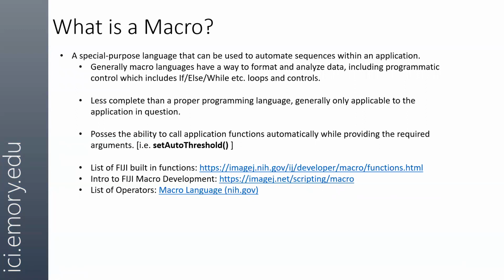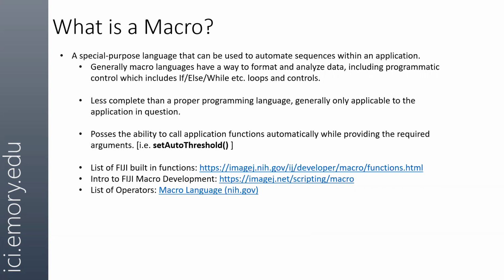So what is a macro? Well, generally, a macro is a more limited form of programming language, usually attached to an application, in this case, Fiji. It has a lot of utility in that it can make use of the functions and analytical properties of the software that it's attached to, while also being a little more flexible and expansive.